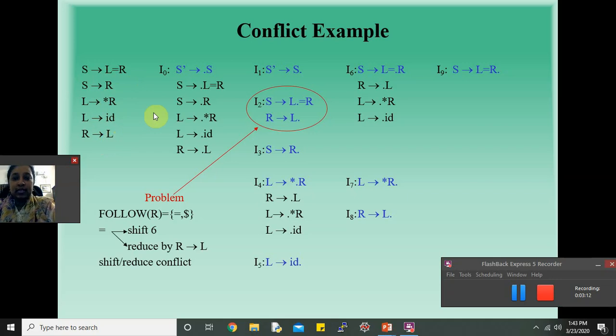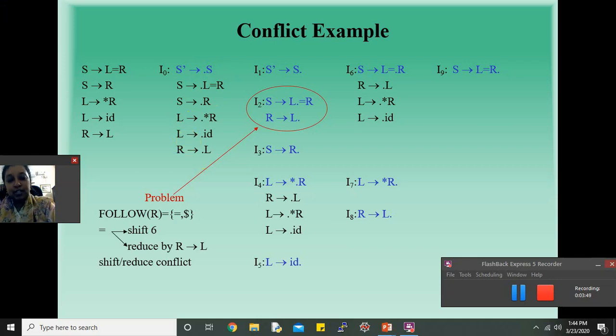As per our SLR algorithm, finding the closure of S dash produces dot S, the augmented production, leads to the first item set I0, from S dash produces dot S, which leads to the inclusion of the next two productions, S produces dot L equal to R and S produces dot R. Because you have dot and L after it, we include the next two productions, L produces dot star R and L produces dot ID.